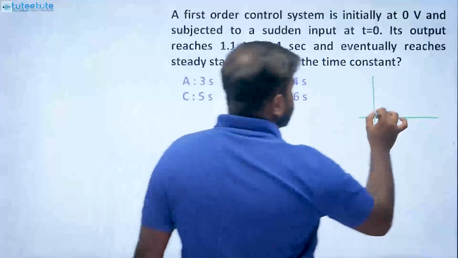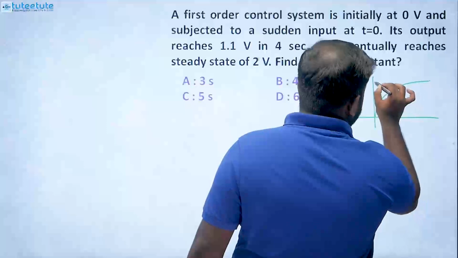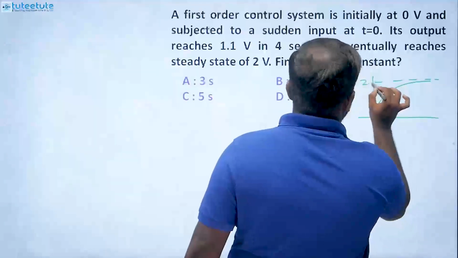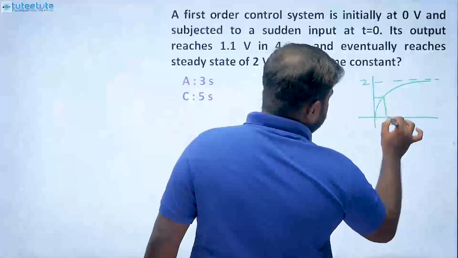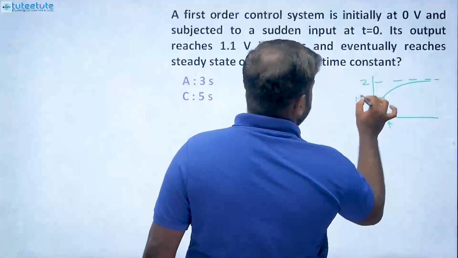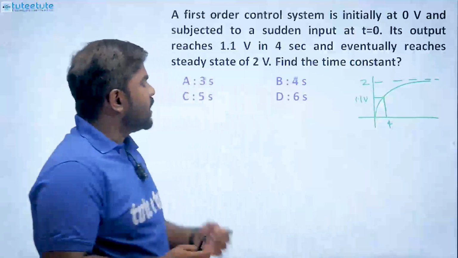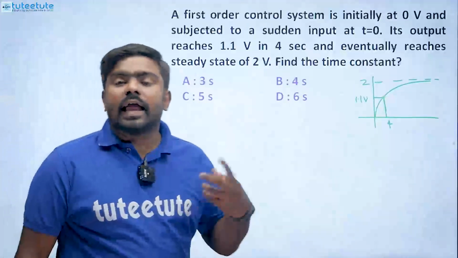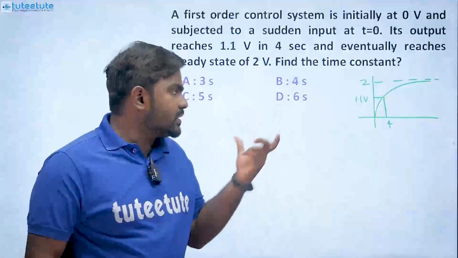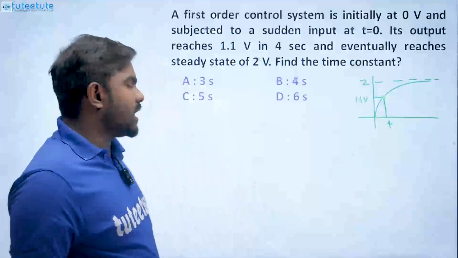Okay. So you are getting some curve like this. The final value is 2 volt and at 4 seconds you are getting 1.1 volt. Okay. This is the response it is showing. Now find the time constant. We can calculate this answer by using our generalized expression.